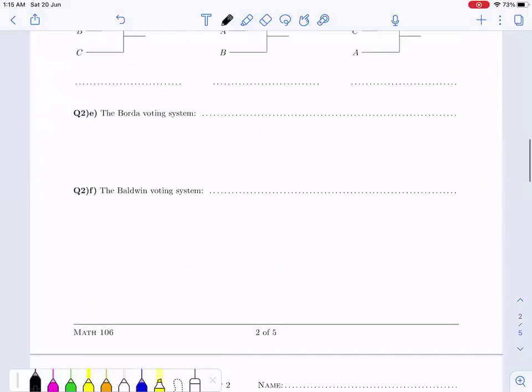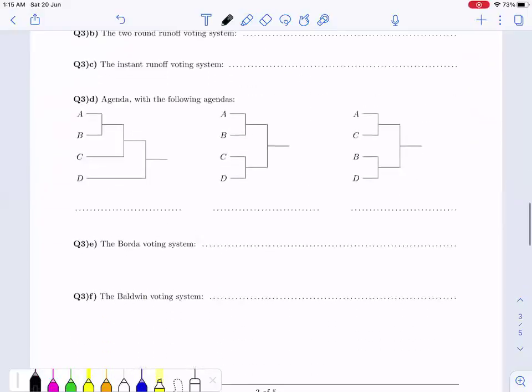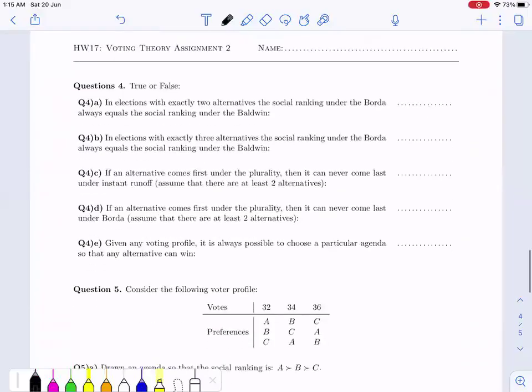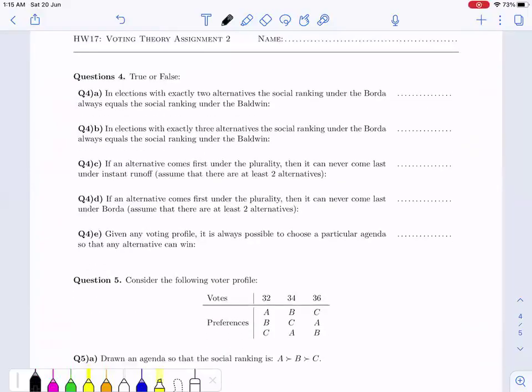Problems 2 and 3 are identical. So try them out for yourself. Let's do these true and false statements. So if you have elections with exactly 2 alternatives, the social ranking under BODA always equals the social ranking under Baldwin.